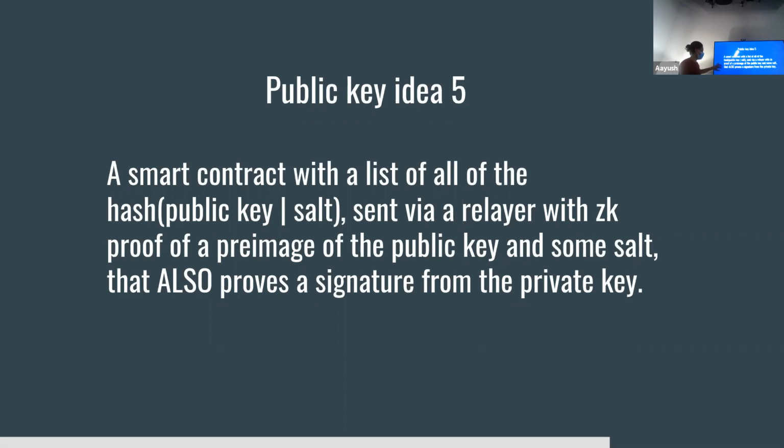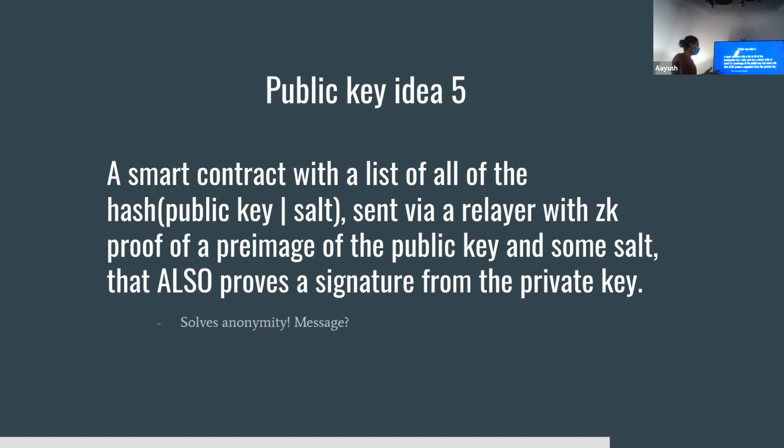So you can imagine that, for instance, we sign some random string with our private key and we prove the signature checks out with this same public key in the same proof, then we have the private key. Additionally, you could also just generate the public key from the private key in the proof. But basically just some scheme in the proof that also proves you know the private key.